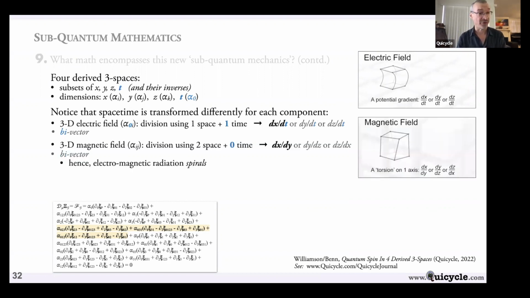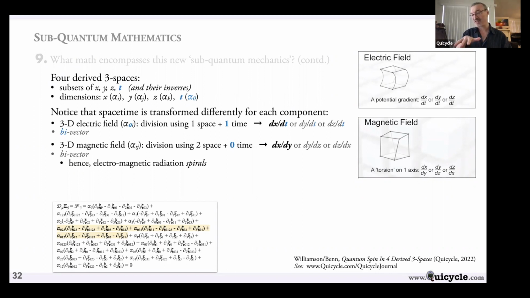Magnetic field is different. Magnetic field is also a bivector, but it doesn't involve time. It's an alpha ij, which means it involves two dimensions of space and no dimensions of time. That's like saying dx by dy, or dy by dz, or dz by dx. It's three components of a bivector. Now, this is interesting because it represents a twist, a planar twist in space-time, but not a rotation because there's no time component.